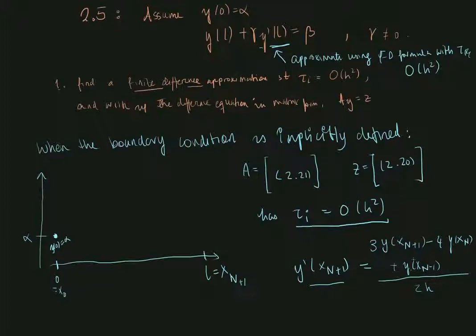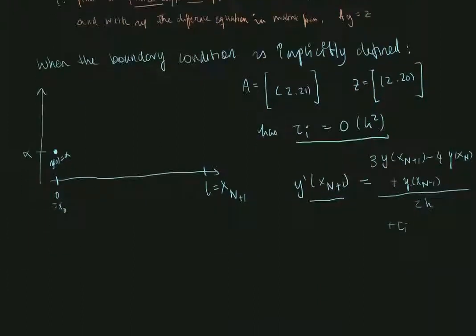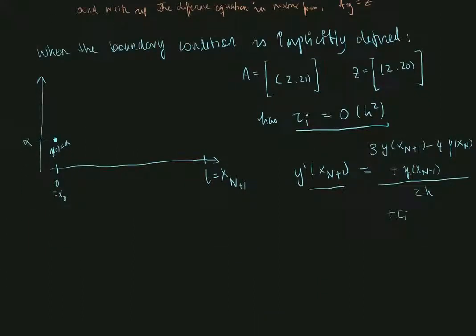So this is the one-sided formula, and if I replace that into this, and since I ditch my truncation term here, we go from the exact version to the version where I use the finite difference approximations.